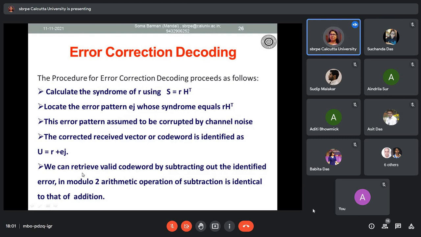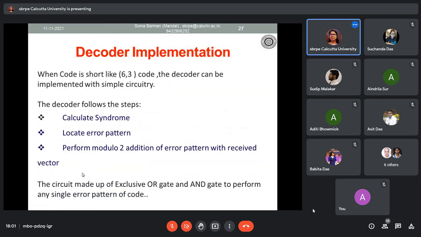Now for decoder implementation, the decoder follows three steps: first syndrome calculation, then locate the error pattern, then perform modulo 2 addition of the error pattern with the received vector.